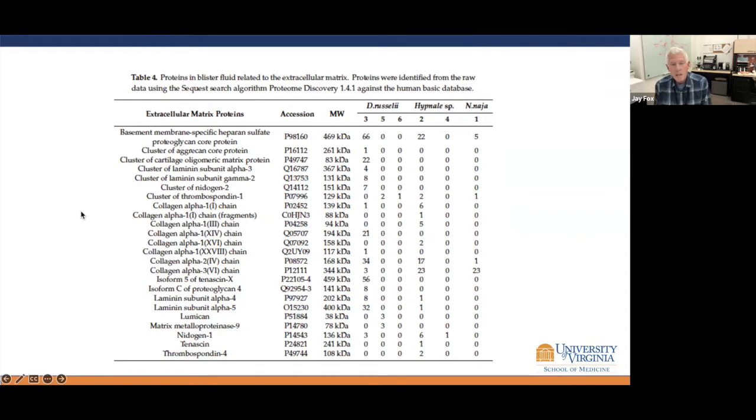Now, keep in mind, all of these are fragments because they're soluble, they're found in the exudate, and predominantly that means they've been proteolyzed to some degree to give rise to that solubility and the fact that we can extract them and then look at them.